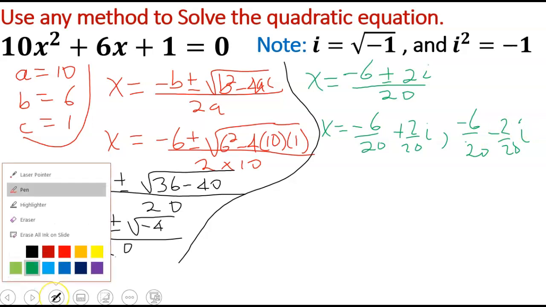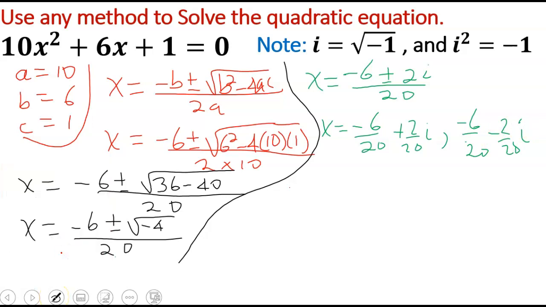So we can actually simplify, reduce the fractions. Because 2 can go into both, we have negative 3 over 10 plus 1/10 i.